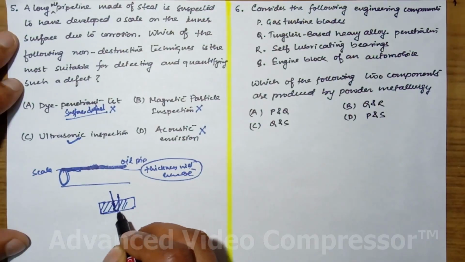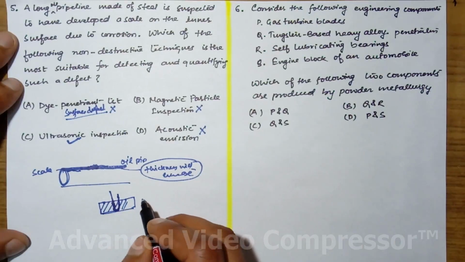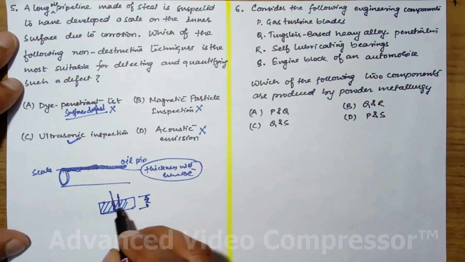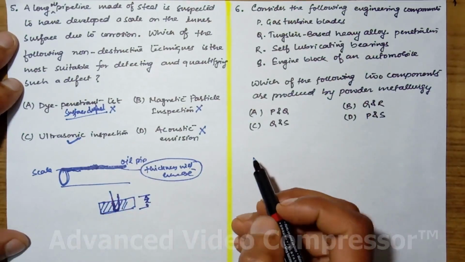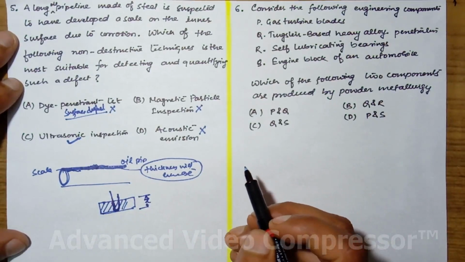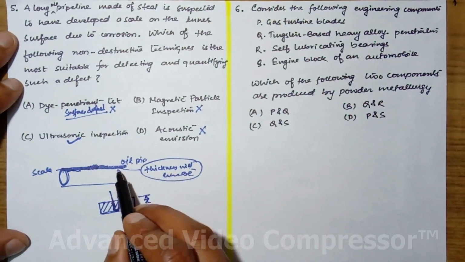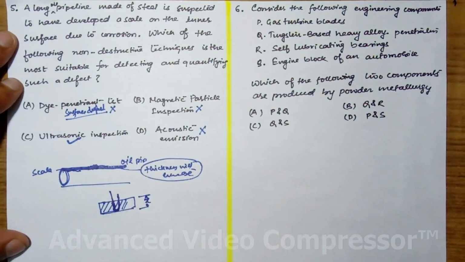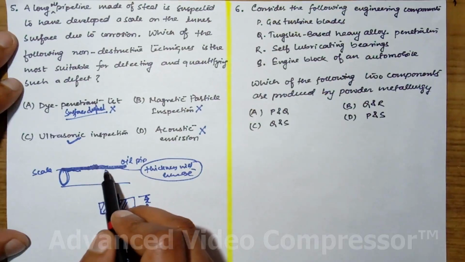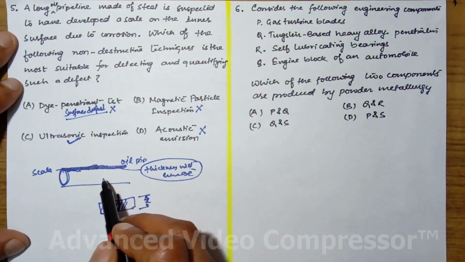This is the time it takes to travel, and according to this we can measure the distance, that is x. Since due to corrosion the thickness will increase, with the help of ultrasonic inspection we can detect that the thickness of this pipe has increased and say that corrosion has taken place on the inside.